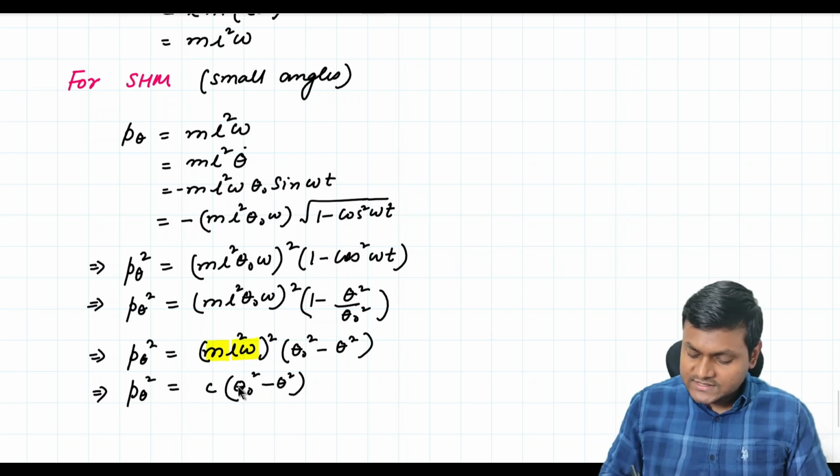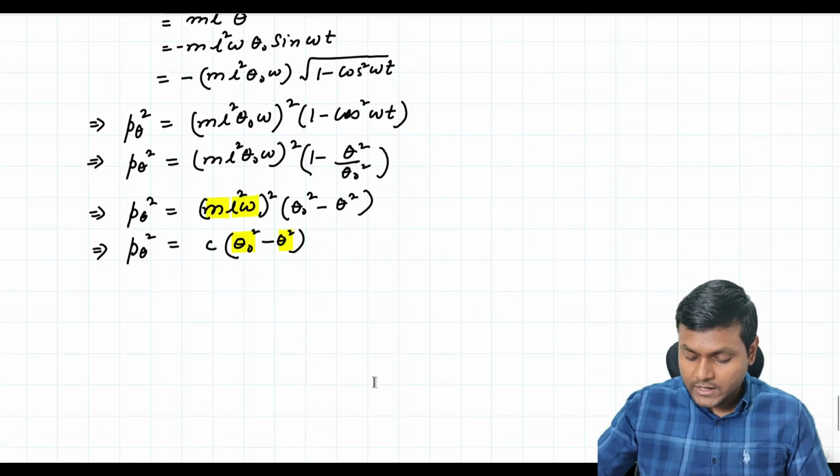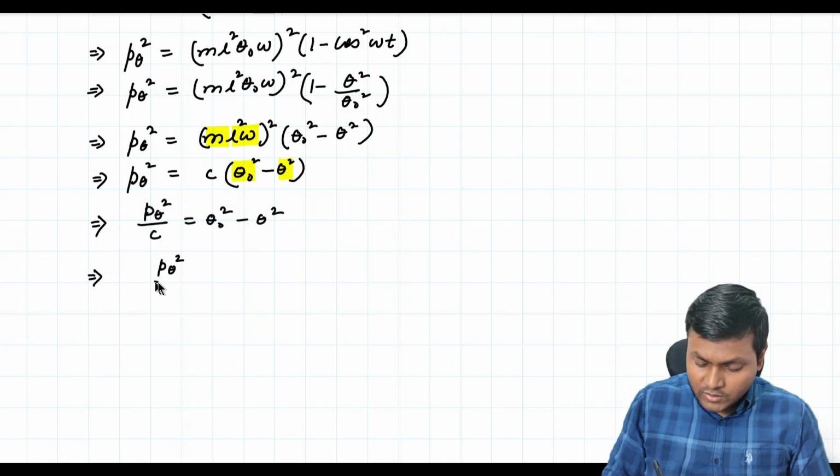So theta naught is the maximum amplitude, while theta is the angular displacement at any given point in time. This can be further simplified to write p theta square upon c plus theta square is equal to theta naught square.